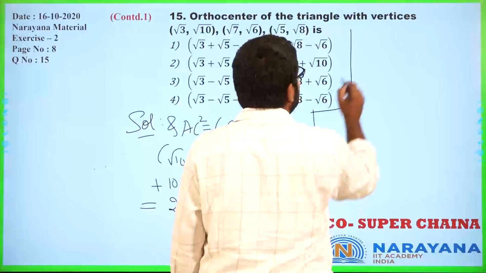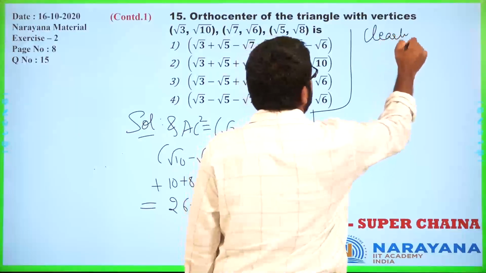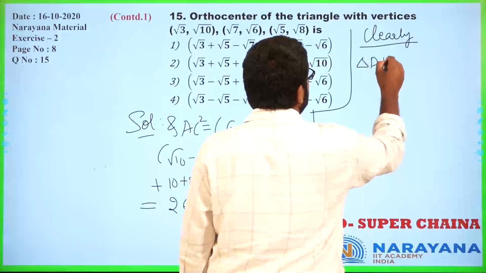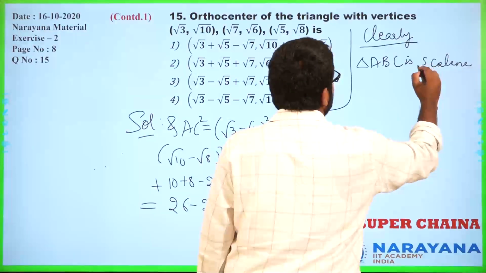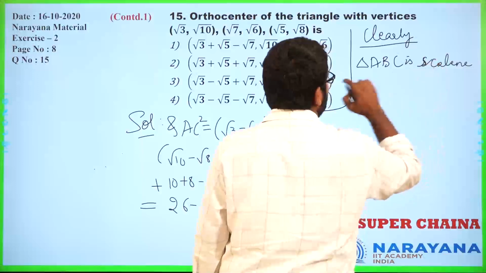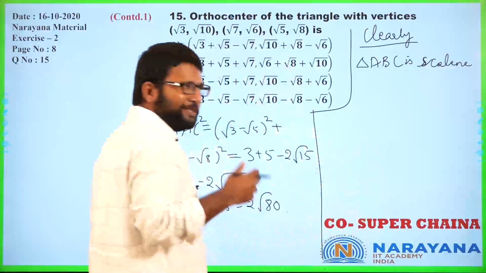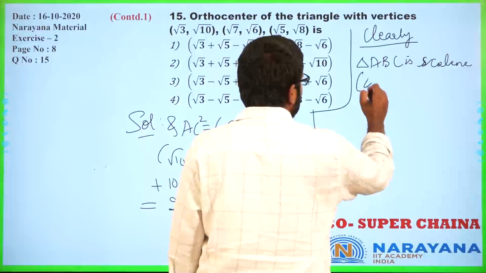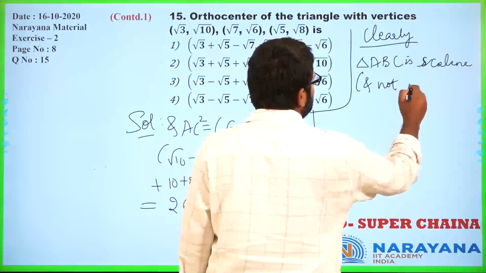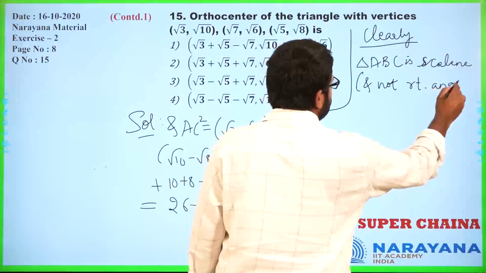So we will say clearly, triangle ABC is scalene, which means none of the sides are equal, and it is not right angled either.